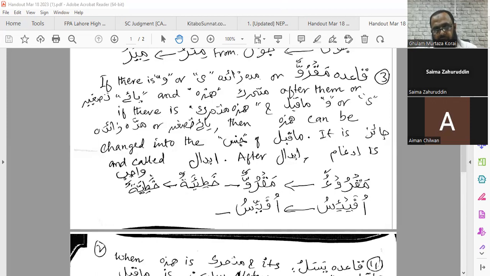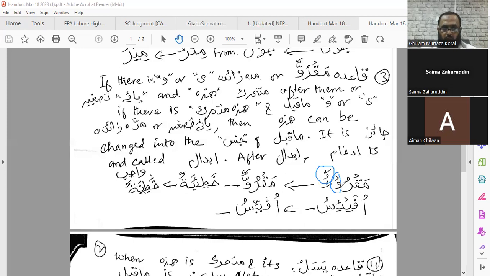Now you can see it is maqru'un. Now hamza is what? Mutaharrik. And you see waw, it is madda zaida, right? We understand it. What is madda zaida? Waw ma qabal mazmum, ya ma qabal maksur. Yes, very good.